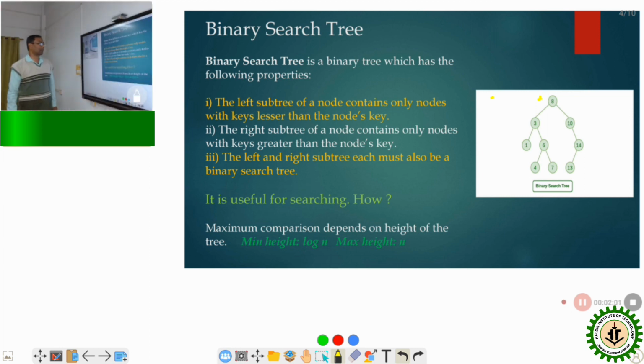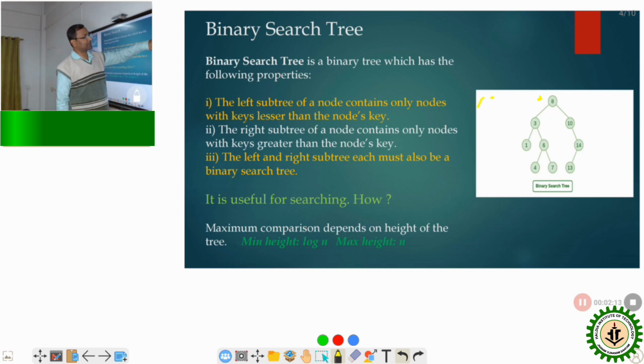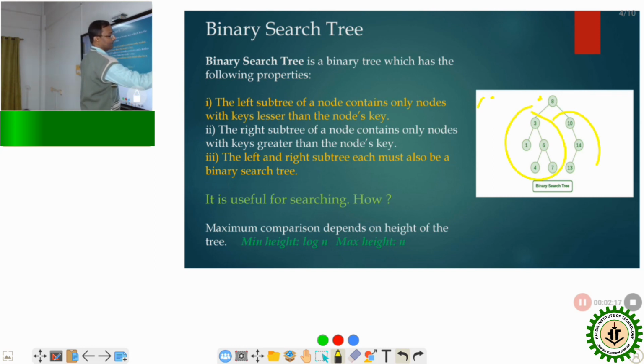And what is the third point? The third point is that the left and the right subtree each must also be a binary search tree. That is, 8 is the root node here, and the entire left subtree of 8 is this one, and the entire right subtree of 8 is this one.